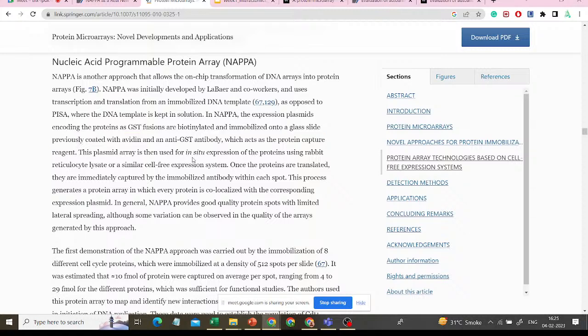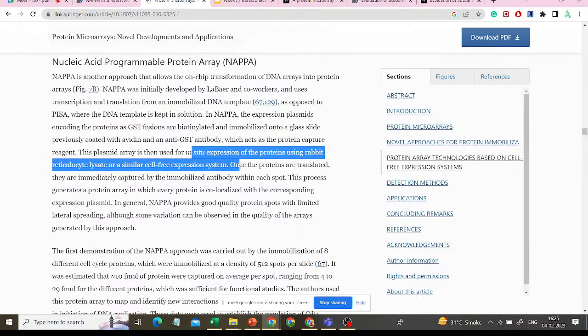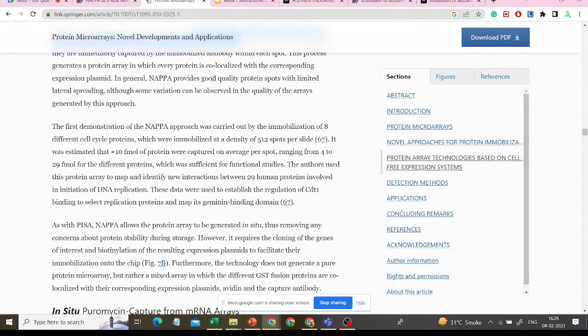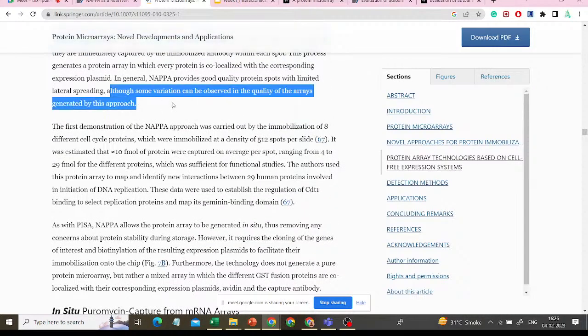Then in situ expression of the proteins is used, using rabbit reticulocyte lysate or wheat germ extract, so that it gives all the necessary requirements for the translation and provides good quality with limited lateral spreading, despite some variation in the quality generated by the system.